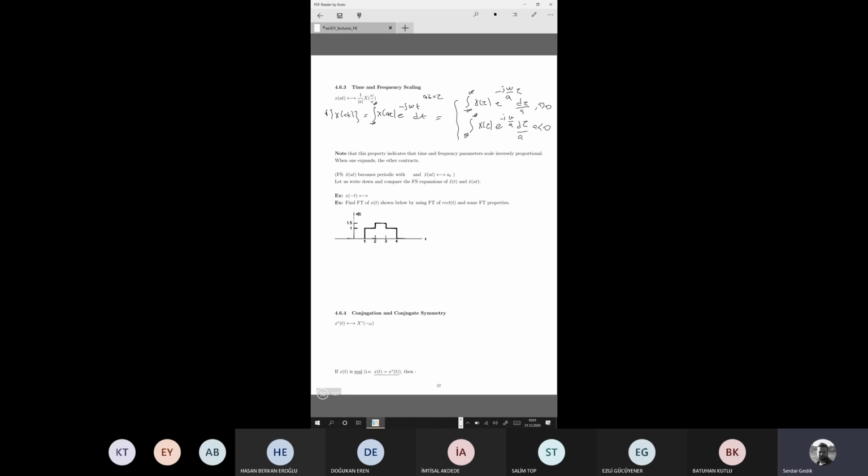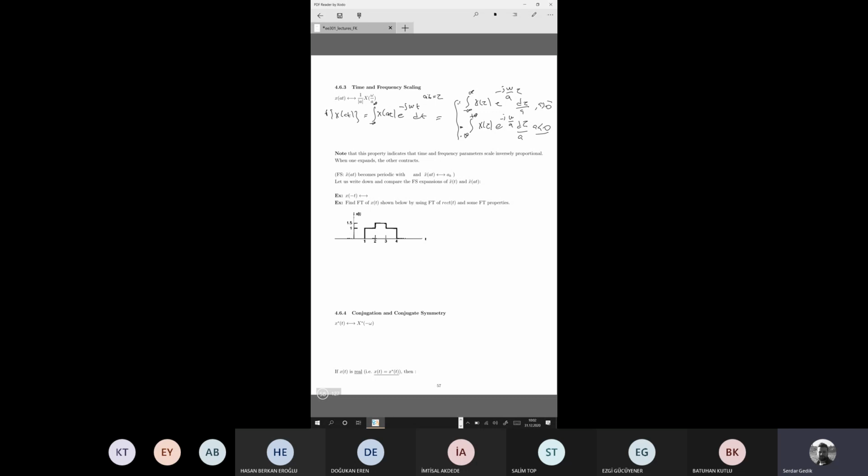So this always happens if you change variables and the signs are changing, the integral also changes limits. So if a is positive, I have from minus infinity to plus infinity. If a is negative, I have from plus infinity to minus infinity. But I can put here a minus, and a plus here. So if you do this, actually the result does not change. So what does it tell you? If a is negative, there is a minus here.